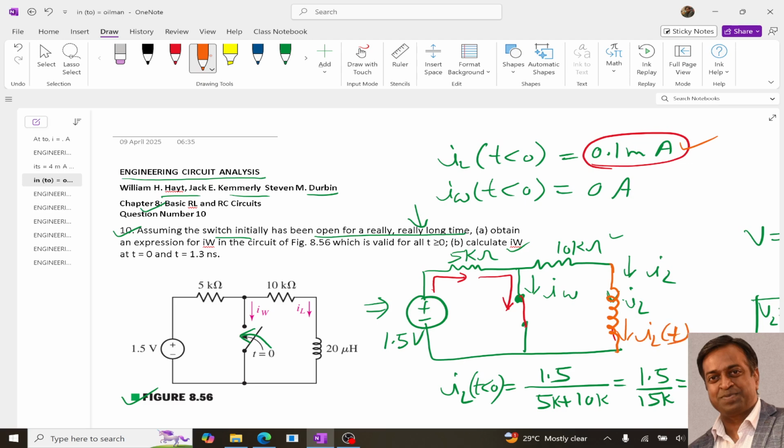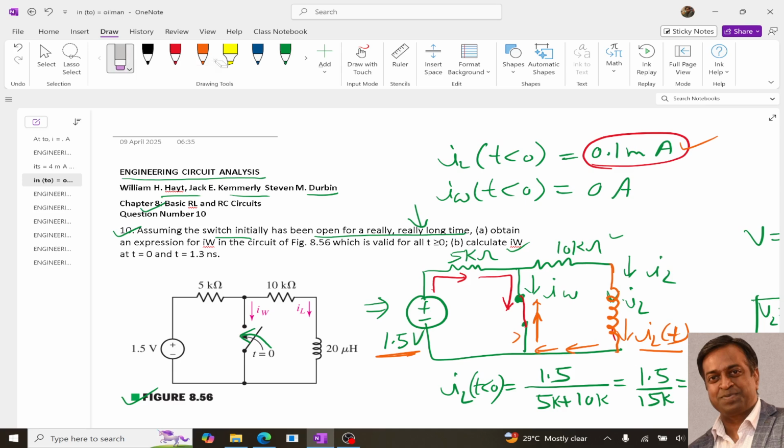This current will flow through this path, and then again all this current will go through this short circuit path. Similar to the current due to this 1.5 volt, the current due to the inductor will also take the short circuit path.